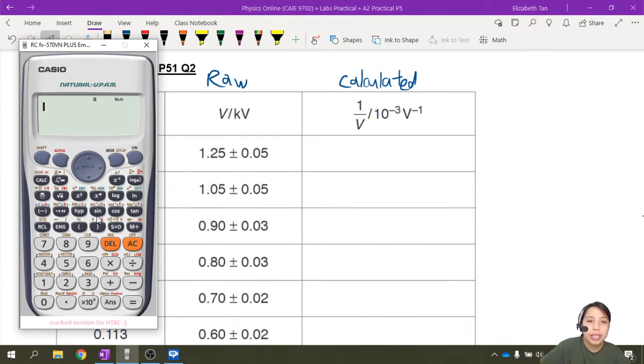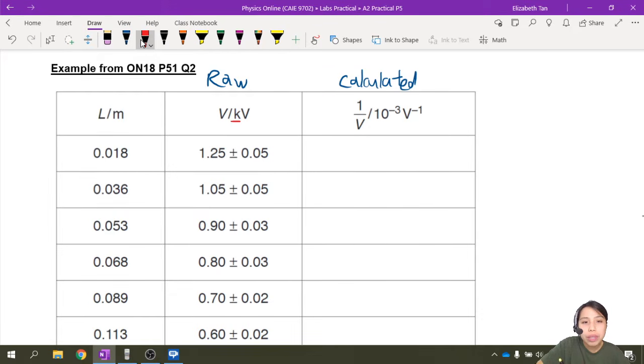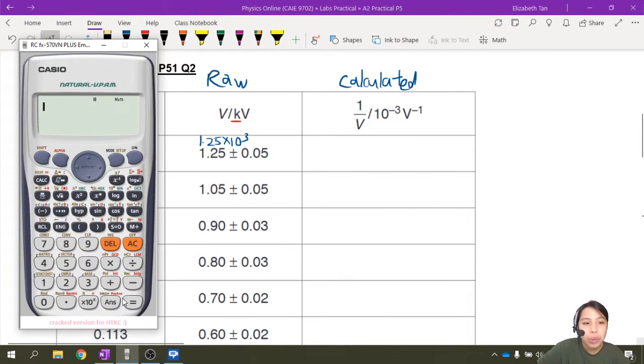So let's try calculating this. Be very careful when you're doing calculations. Please remember units. There's a kilo here. So this is really 1.25 times 10 to the 3 because of the kilo. Okay, so let's not worry about that. Let's try calculating that. I usually recommend, if you have this type of calculator, you can do fractions like this, times 10 to the 3.